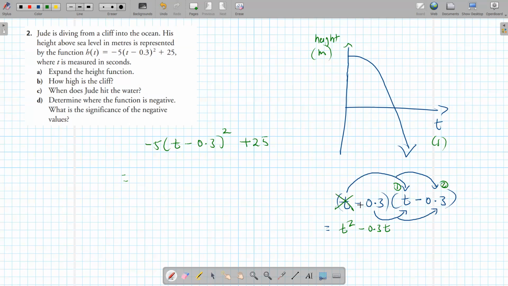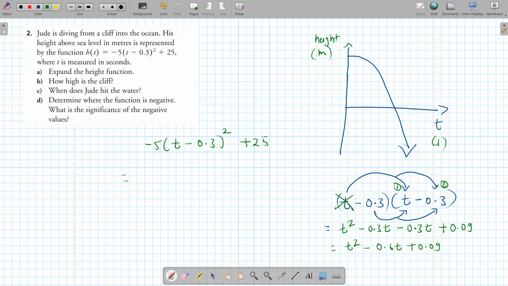Now we go to this guy. -0.3 times t is another -0.3t. And then the last guy, -0.3 times -0.3 is positive 0.09. All right. Are there any like terms here? The 0.3t. Yeah, exactly. So you'll get minus 0.6t plus 0.09, and there we go.